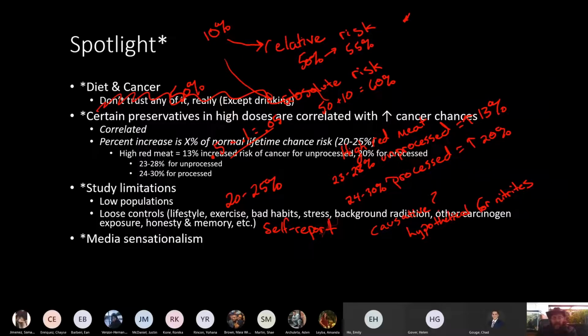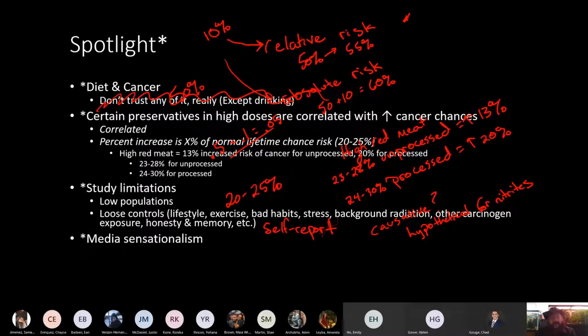Anyway, which dovetails right into the fact that the media often sensationalizes these things. For instance, relative risk versus absolute risk. It makes a way better headline to say that eating processed red meat boosts your chance of getting cancer by 20%, rather than saying it boosts your chance of cancer by 4 to 5%.